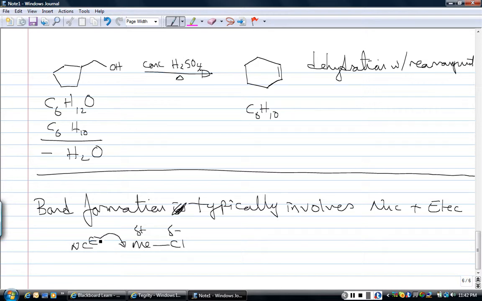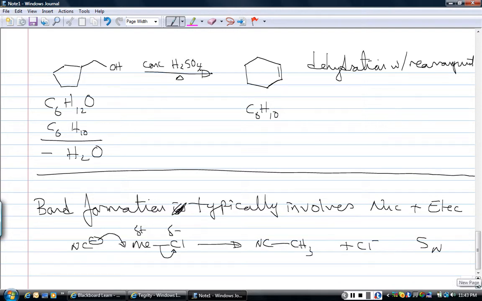As this electron pair comes in, this carbon can't hold on to more than 8 electrons, and so it lets go of these 2. We'll see this in more detail later on. And I end up with my product, CH3CN and chloride. We call this an SN reaction. So bond formation typically involves some nucleophile attacking some electrophile, or an electrophile attacking a nucleophile.